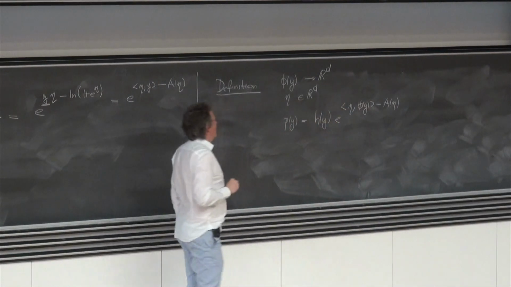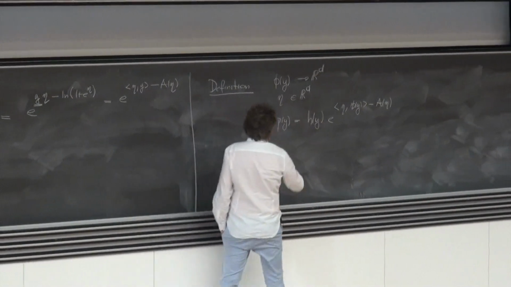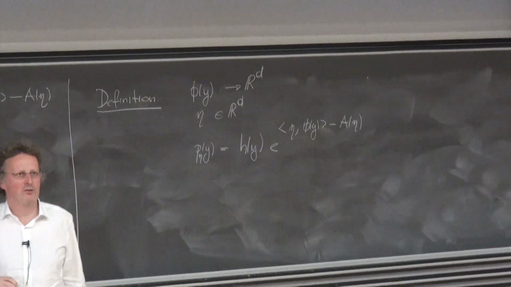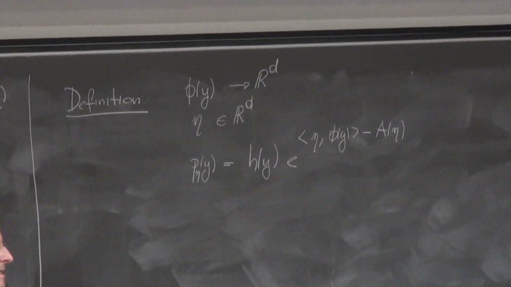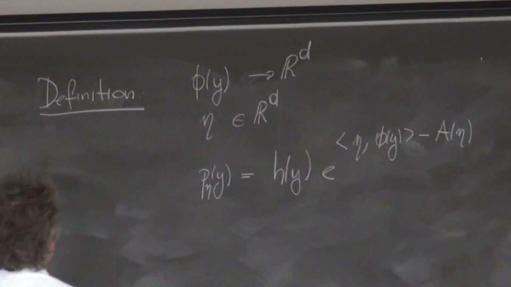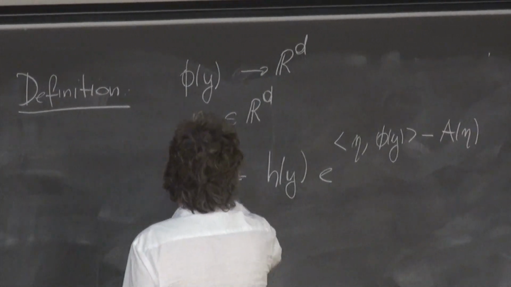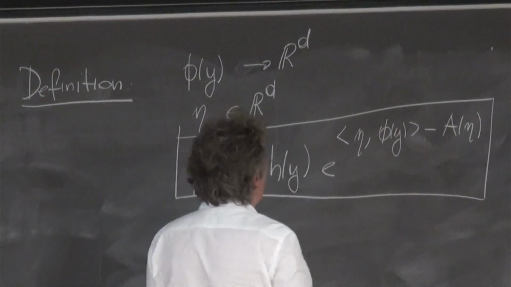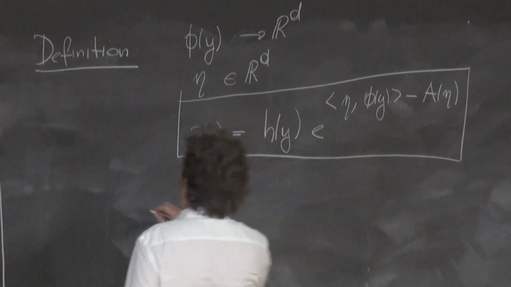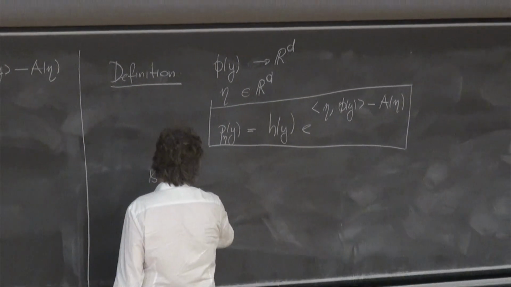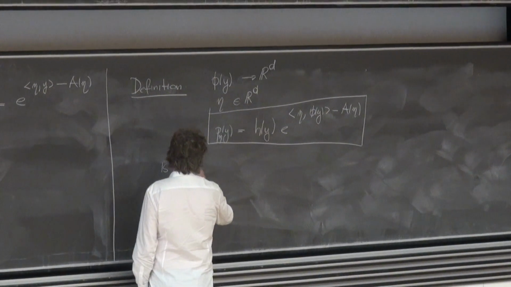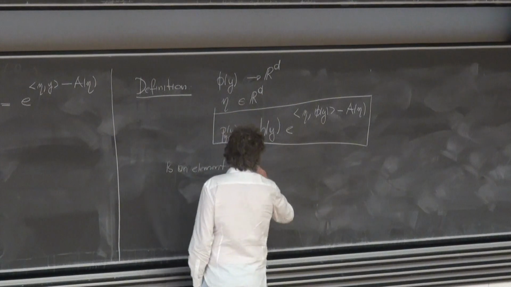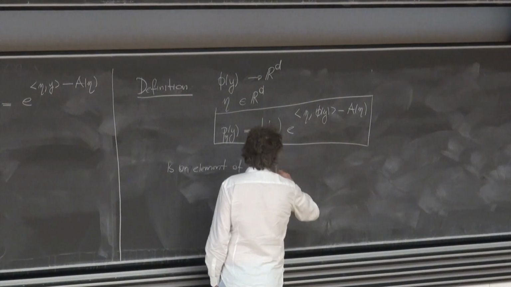So a density of this form, and you might want to write here also that this depends on eta, or put it in conditioning, just to say that this depends on the parameter eta. Something like this is called an exponential distribution. Okay, so it's an element of the exponential family.